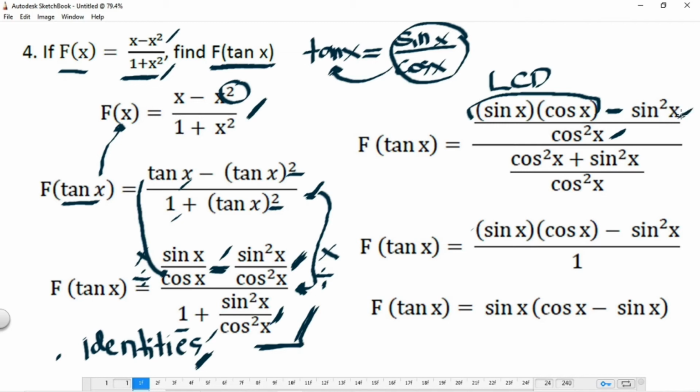Now we are done with the main numerator. Let's go to the main denominator. For whole fractions, we already know that the main denominator is 1. The same process, find the LCD, and this is cosine squared x. And the same process applies, divide, and then multiply.